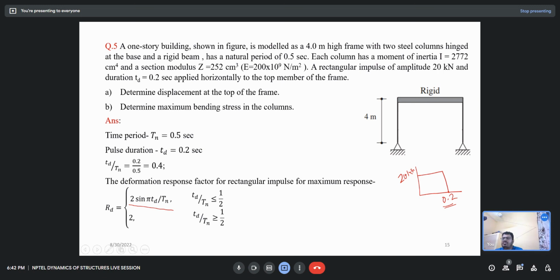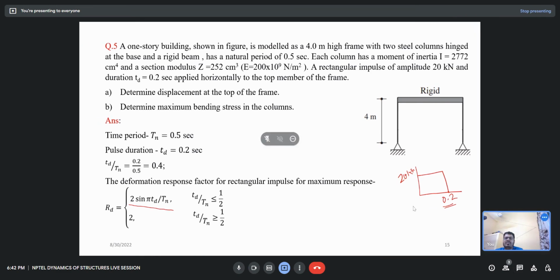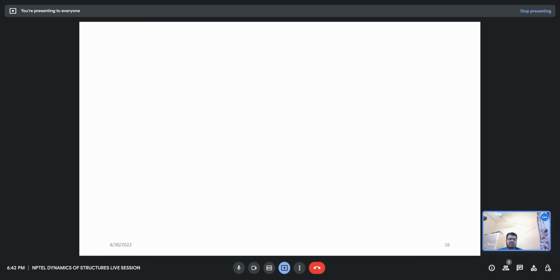And if TD by TN is greater than 1 by 2, the maximum response is 2. Here my TD by TN is 0.4, so the first case is applicable. So for TD by TN less than 0.5, RD is 2 sine pi TD by TN.